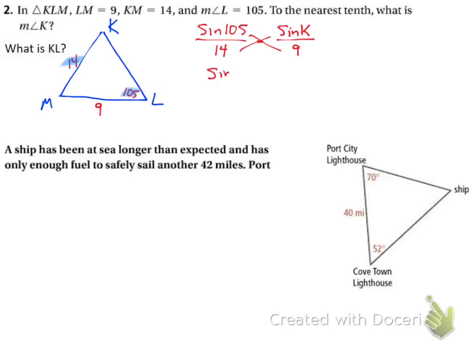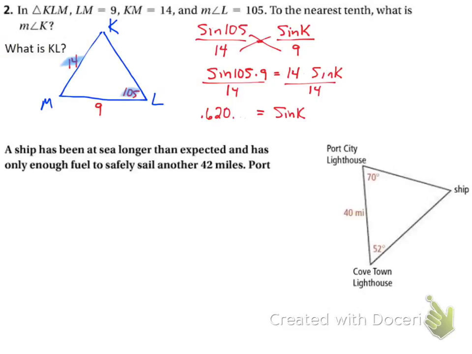So I get the sine of 105 times 9 is equal to 14 times the sine of K, and then divide both sides by 14. So I get that the sine of K is equal to sine of 105 times 9 divided by 14. I get 0.620 and so on.